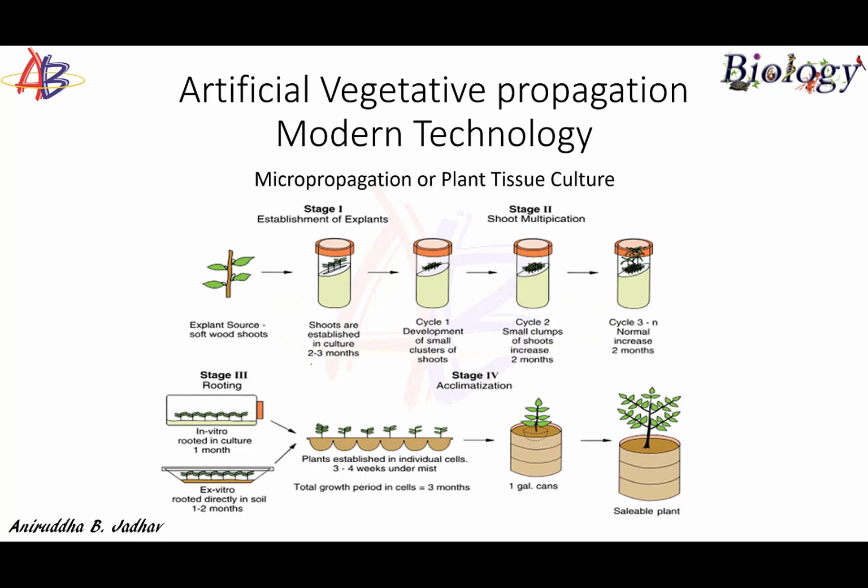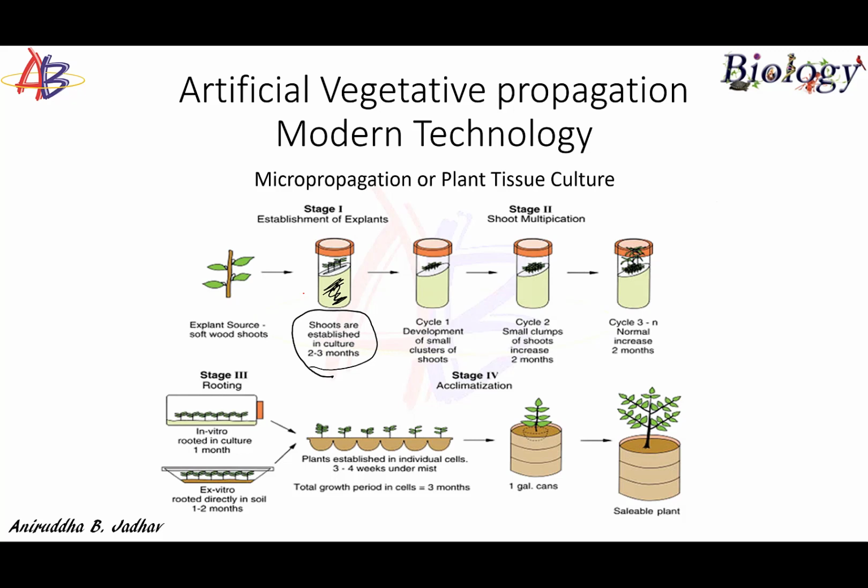Here, this is the nutrient medium. The nutrient medium mainly includes various types of macro and micro elements which are necessary for growth of the plant, and it is also supplemented with hormones, phytohormones. In this first step, the target is to produce multiple shoots, and that's how the concentration of hormone is maintained.